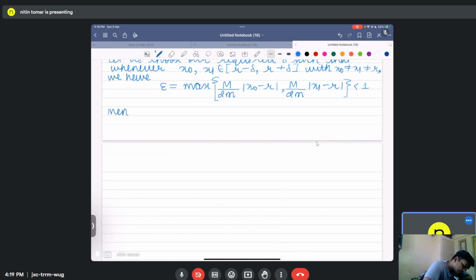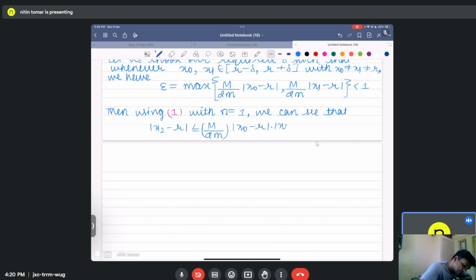So then using 1, with n equal to 1, we can see that modulus of x2 minus r is less than or equal to M by 2m times mod x0 minus r times mod x1 minus r, which is less than epsilon delta, less than delta.